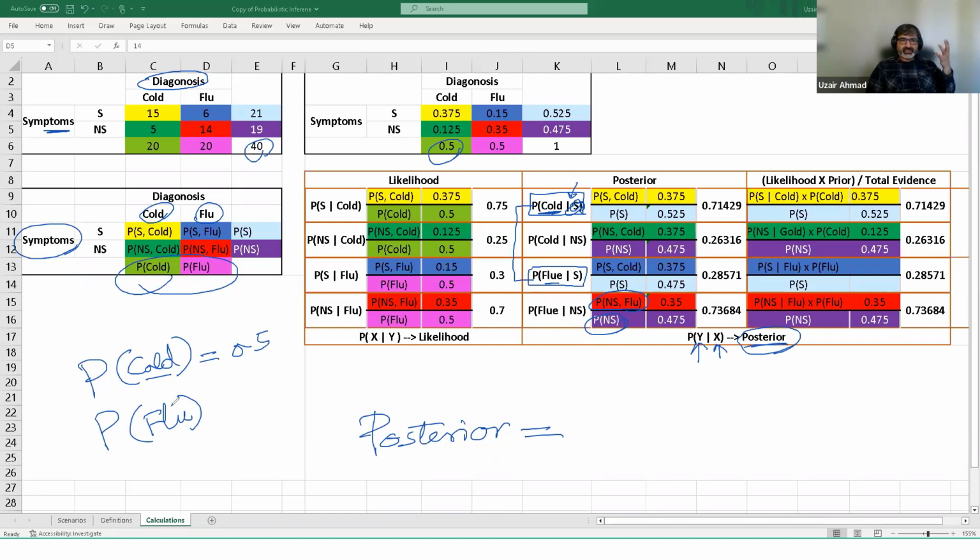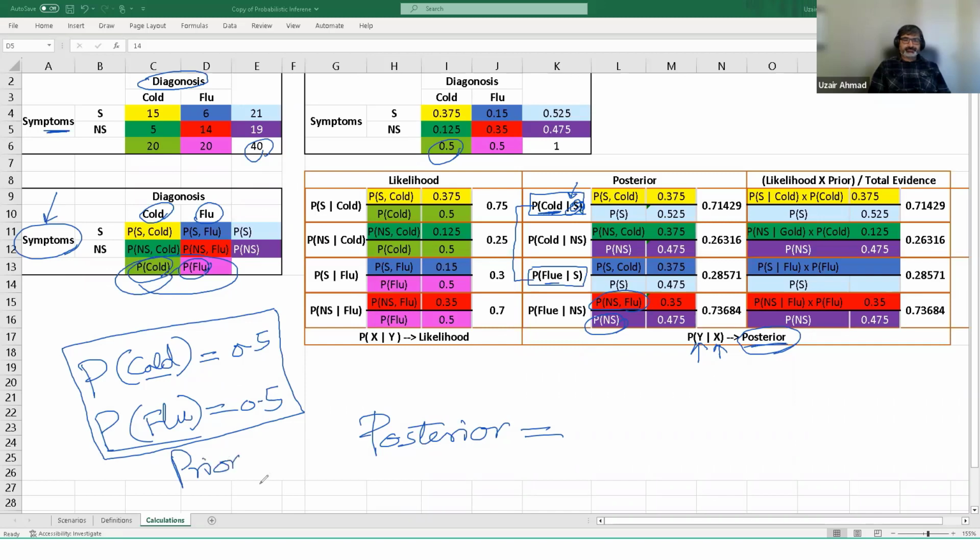If we don't know the person is sneezing or not sneezing, we don't have any input, any evidence about symptom, we will just calculate probability of cold from this marginal, which is 0.5. So since we calculated prior to the fact, prior to knowing the fact of input, it is going to be called prior probability.